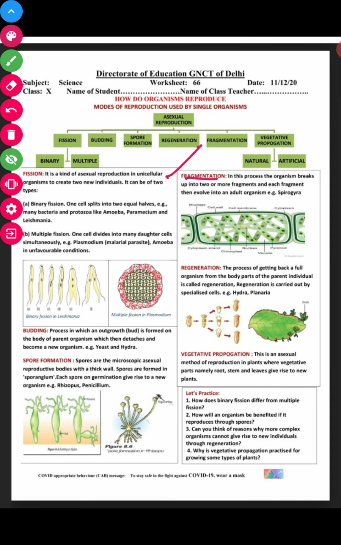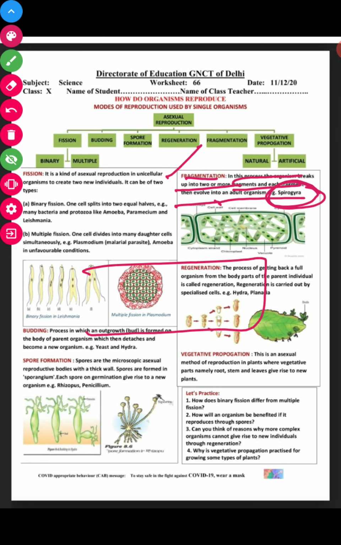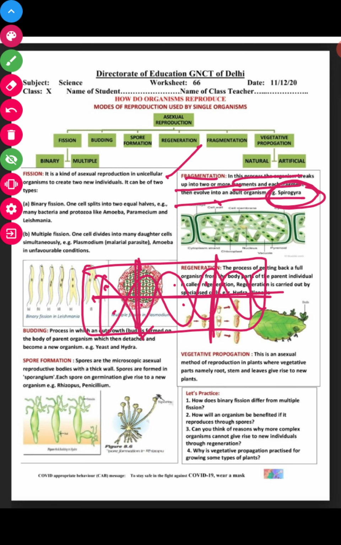Next we have fragmentation. Fragmentation simply means to break down into two new individuals. The organism breaks up into two or more fragments, and each fragment then evolves into an adult organism. This is the example of Spirogyra. If this body splits from here, these parts start growing, and this type of growth is called fragmentation.